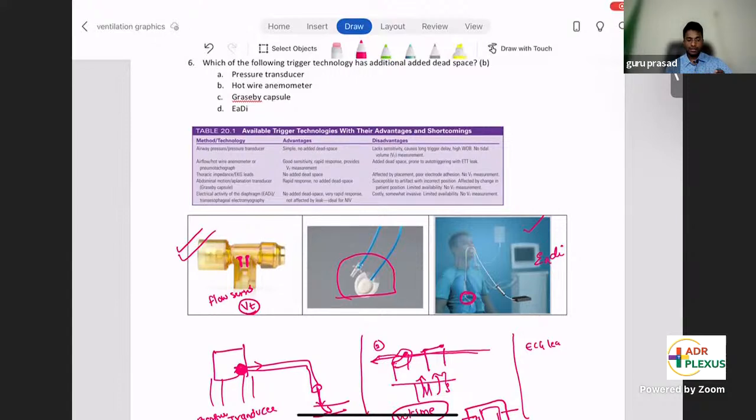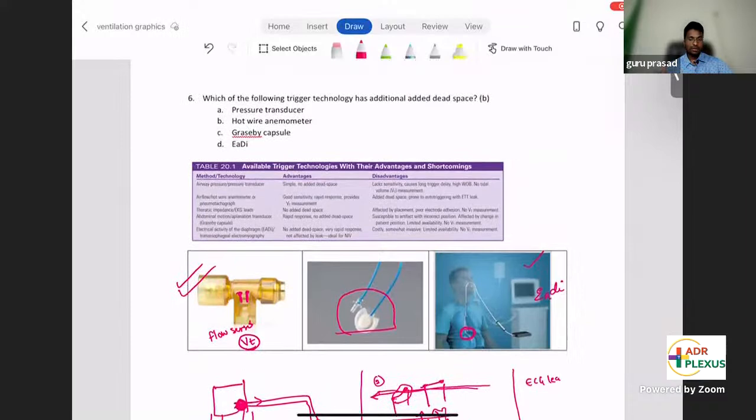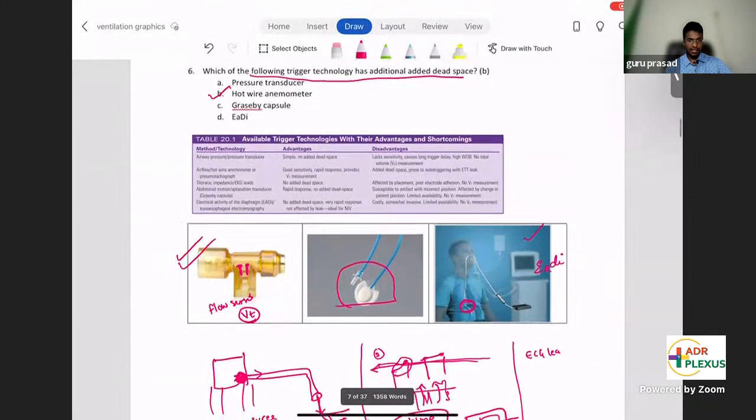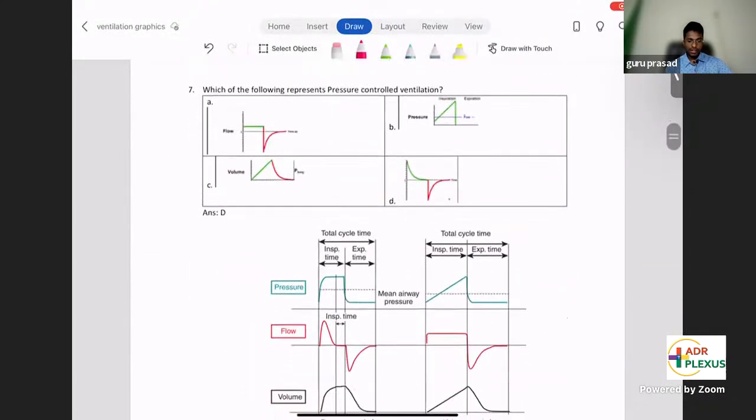Third question, which trigger technology will add dead space to the ventilation? Which technology has additional dead space? It is the hot-wire anemometer. All other technologies do not have a dead space. Okay, I think this is clear. Now moving on to the next question.